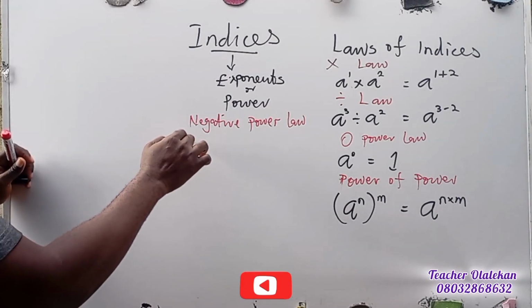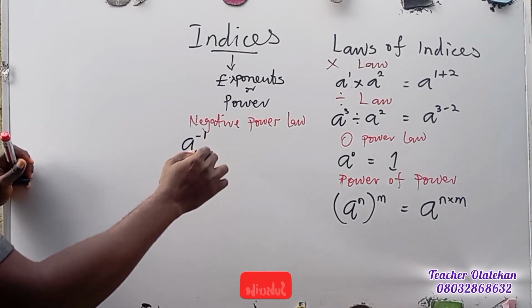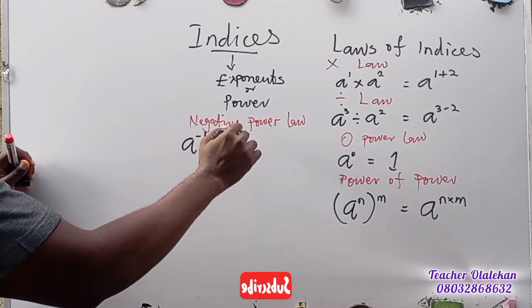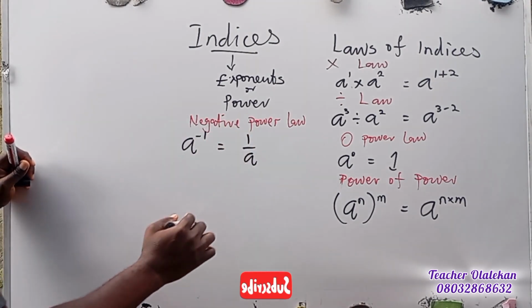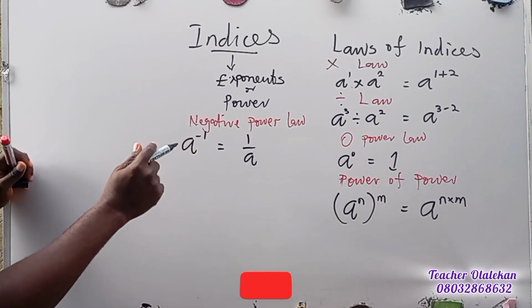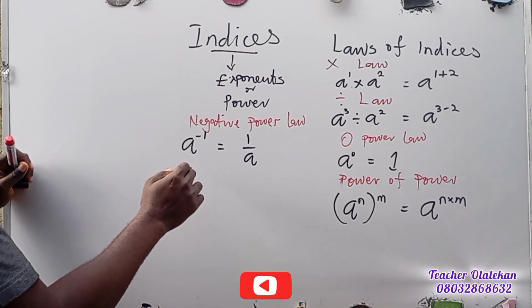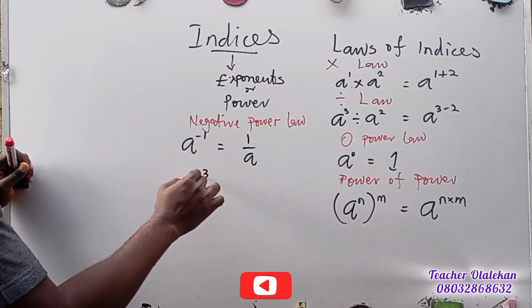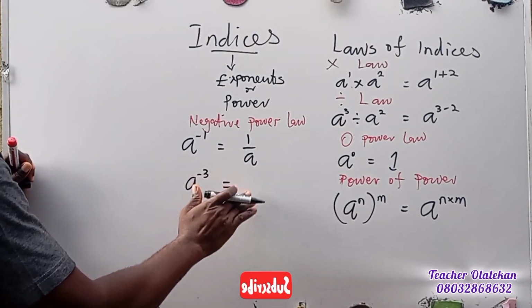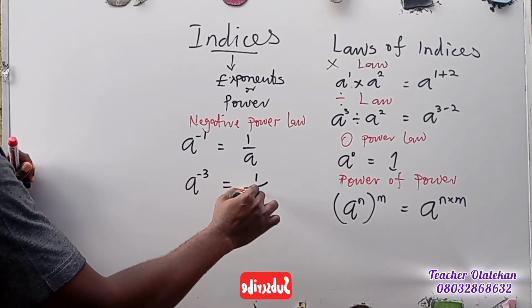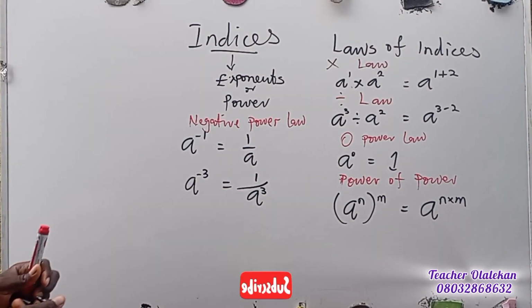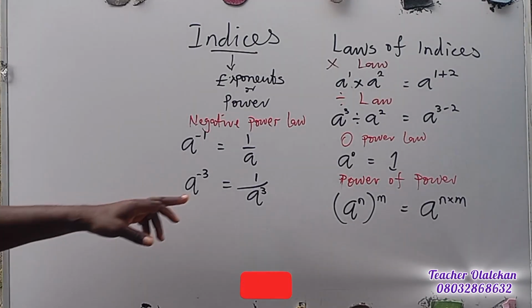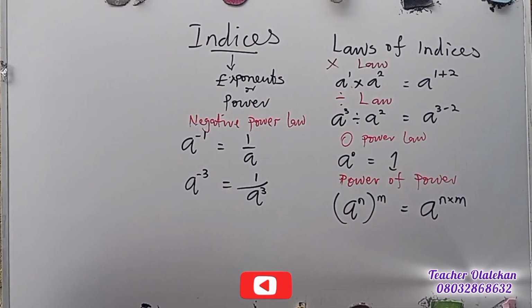For example, a raised to power negative 1 will be equal to 1 over a. And let's make our exponent bigger than 1. So let's have a raised to power negative 3. That would be 1 on a raised to power 3, which is 1 divided by a raised to power 3. So that is the negative power law.